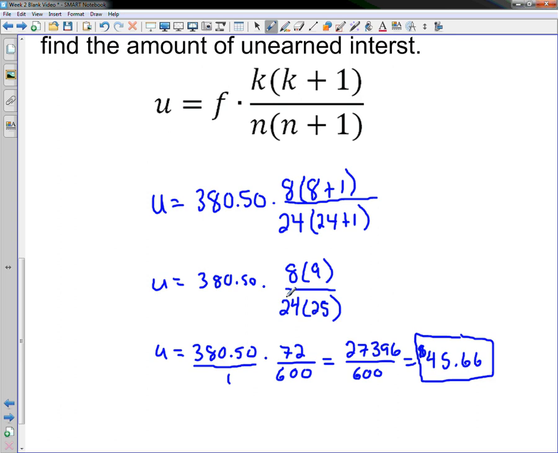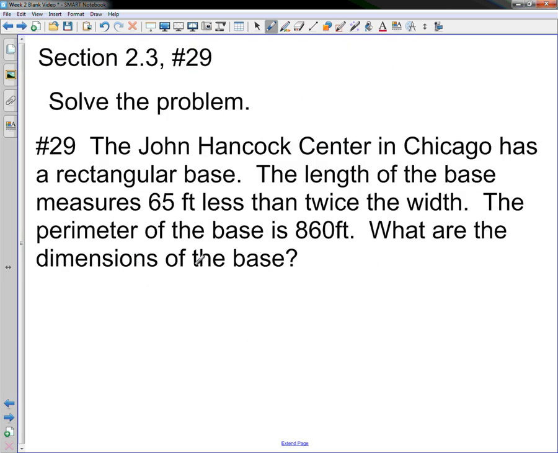Okay, let's go ahead and look at one from 2.3. 2.3 and 2.4 have a fair amount of word problems in them, so that's where you'll find a lot of your word problems. Okay, so we are looking at the John Hancock Center in Chicago, and it has a rectangular base.